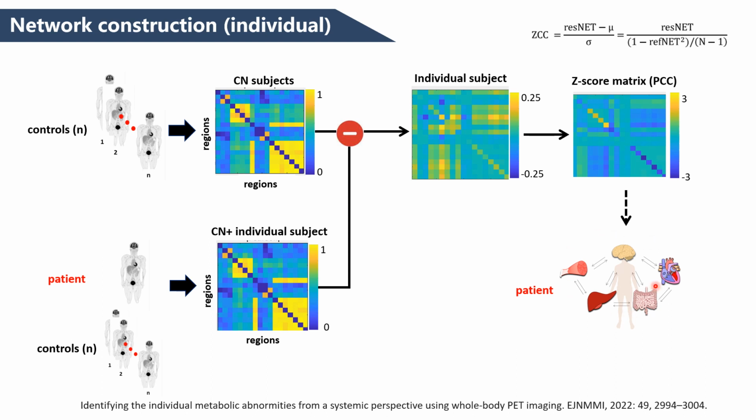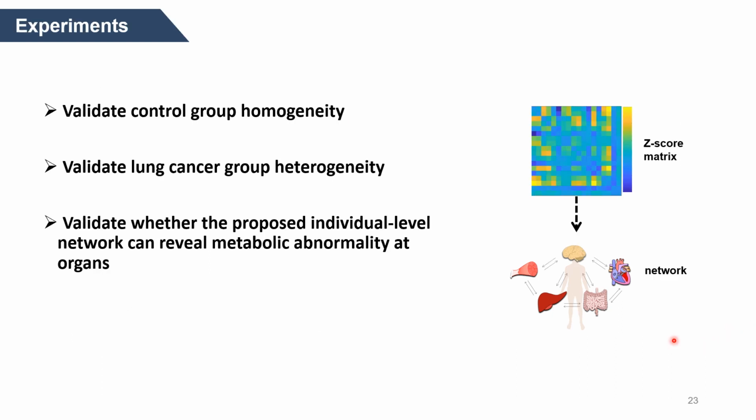Under normal conditions, the body network structure is stable and relatively linked. However, when the metabolism is altered, the network connection will be altered accordingly. The benefit of such a normative modeling approach is the capability to derive individual-level connectivity information.